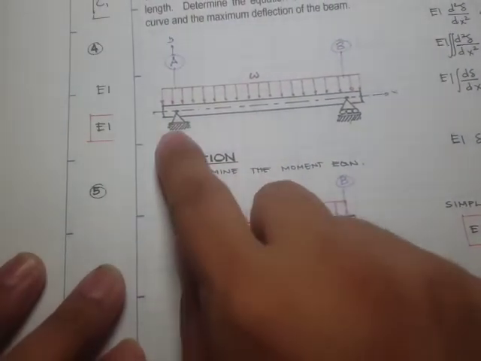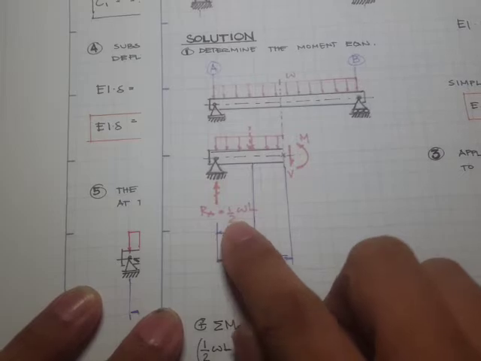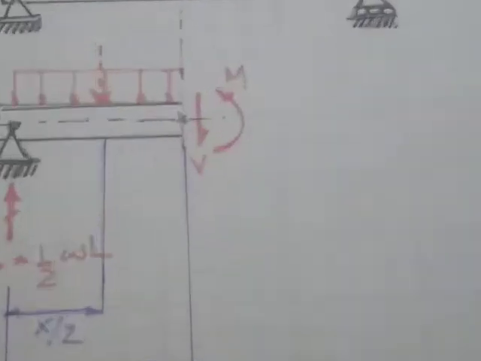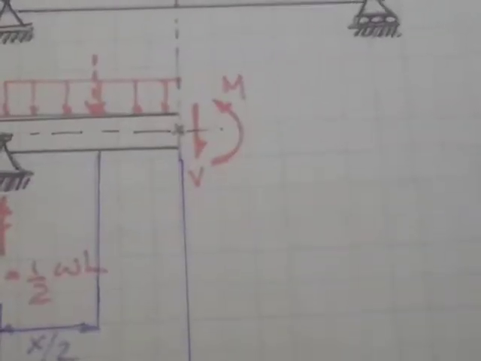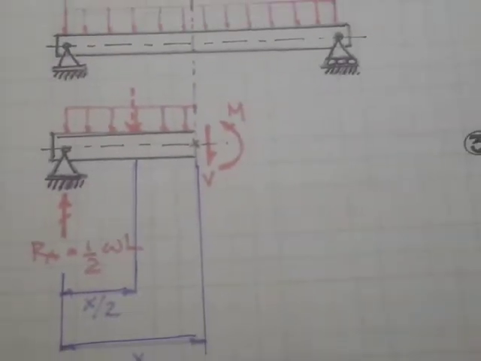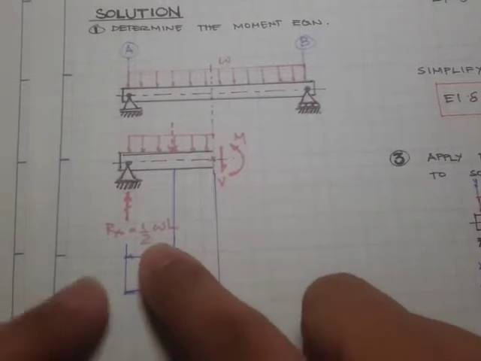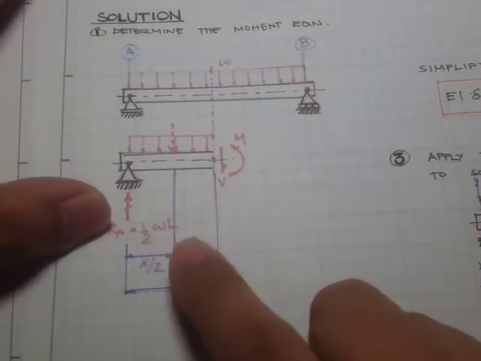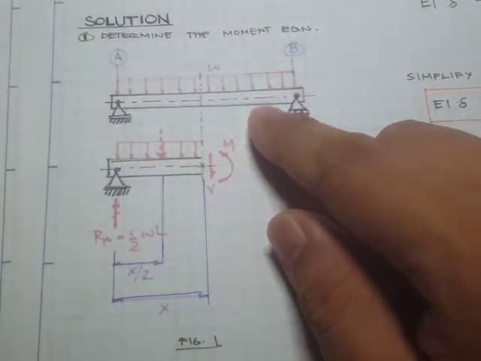Okay, and the value here is just simply 1/2 of the distributed load times the length, because the unit of distributed loading is load per meter, or load per unit length.